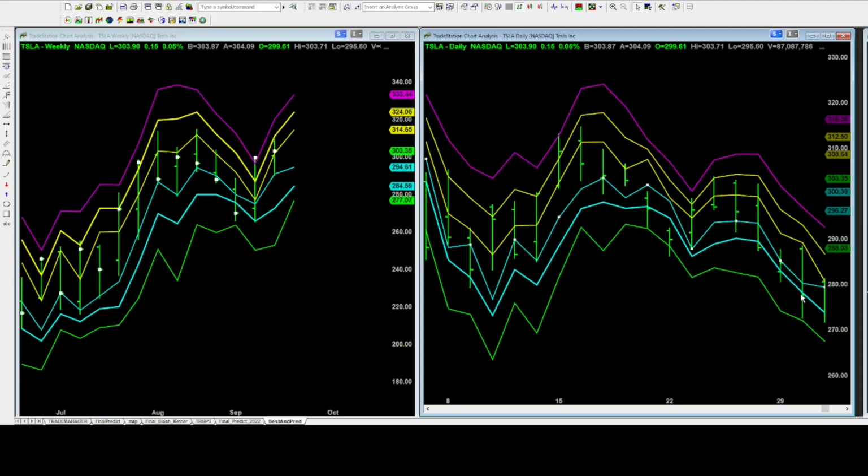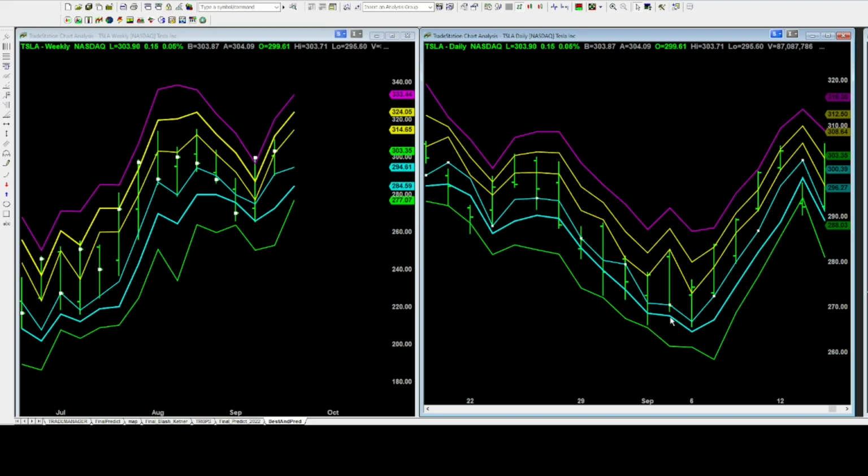So the low 1 trend line is not absolute support. It may still drop down to the bottom trend line. So I use the same color to represent these two trend lines. If it breaks this trend line, it has a tendency to drop down to this bottom trend line, which is the low 3 trend line.